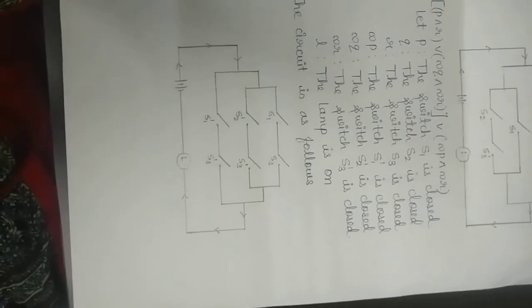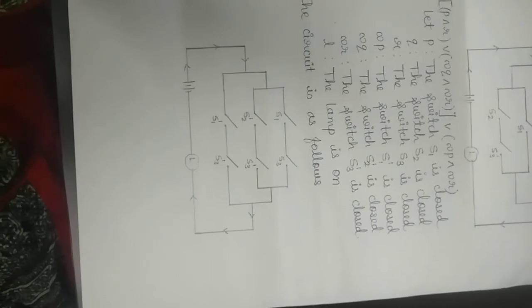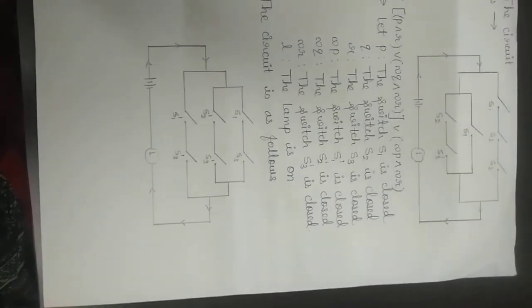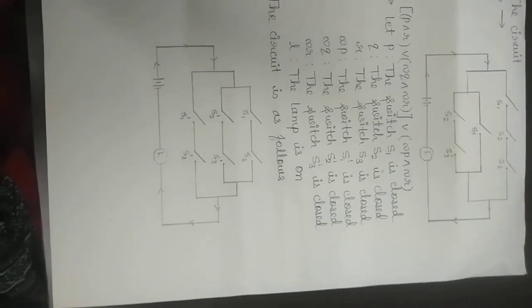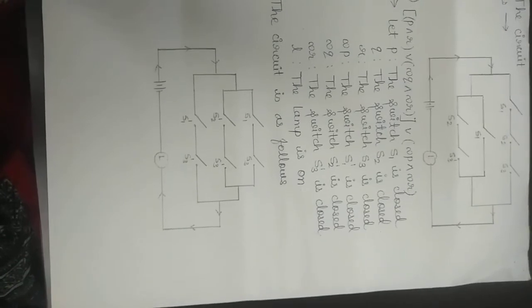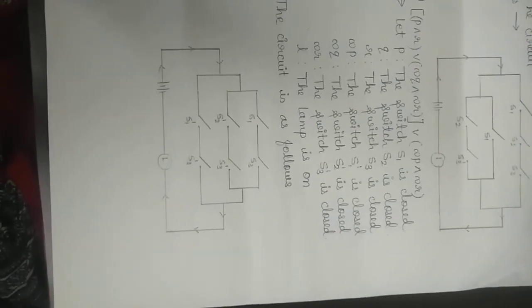After that we learn how to find the negation of a simple statement. Then we learn the converse, inverse and contrapositive, means when the statement is given in the form of if then, that is conditional, how to find converse, inverse and contrapositive.